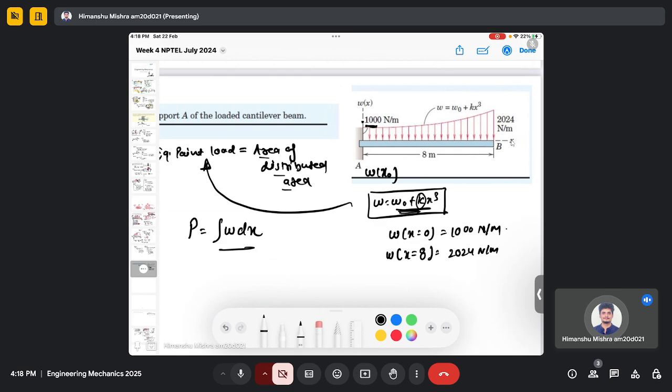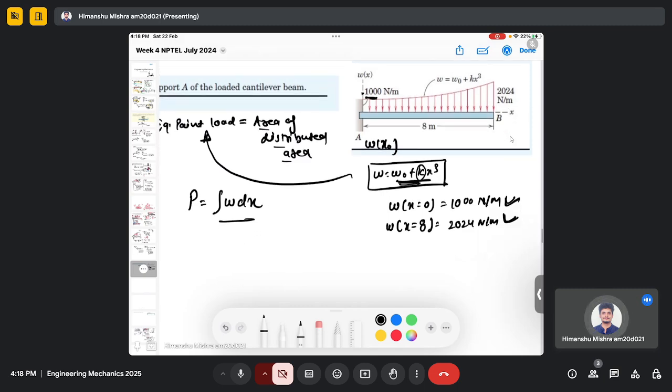I can use these two equations to find the two unknowns. If I use the first condition, at x equals 0, my expression will be W equals W naught.